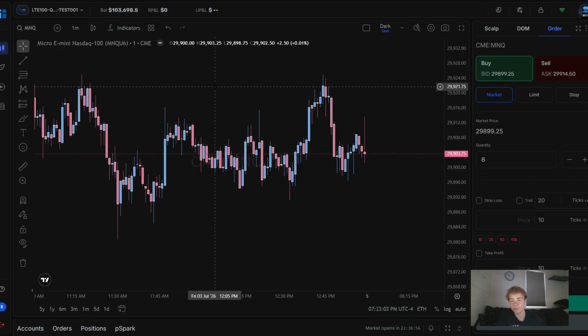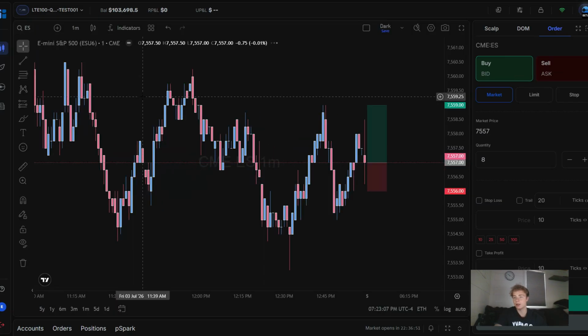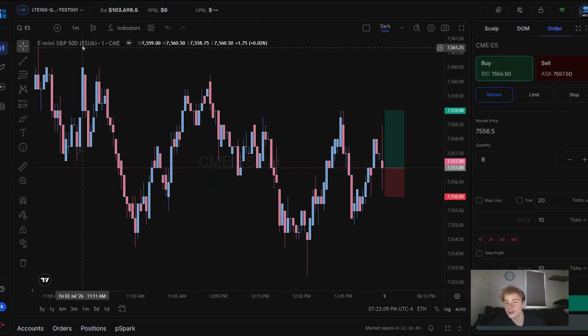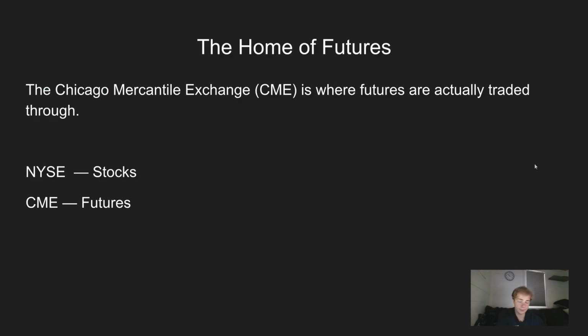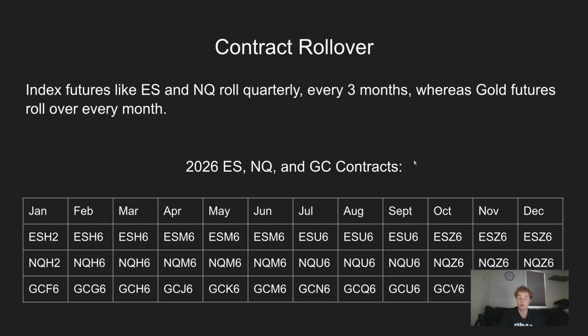It's through the CME. And also something you'll see up here. If I go to ES right now, it says ESU6. That means it is ES third quarter of the year 2026. It's just something to know. Not extremely important, but contracts expire.